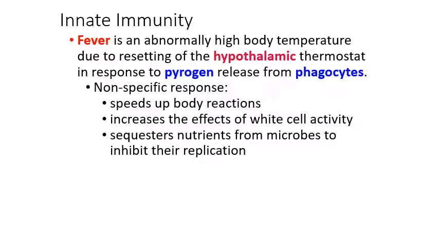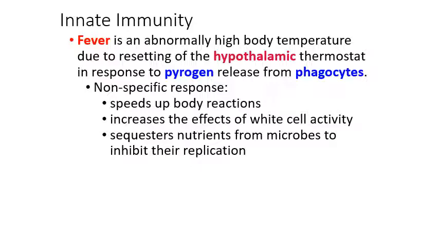So the typical process for initiation of a fever is when all of these phagocytes that are running around and eating up potential pathogens, as they phagocytize the pathogens, they're going to release a chemical called pyrogen, and that pyrogen is going to trigger the hypothalamus, which is a region in your brain responsible for maintaining homeostasis. It's going to trigger that hypothalamus to increase your body's set point temperature.